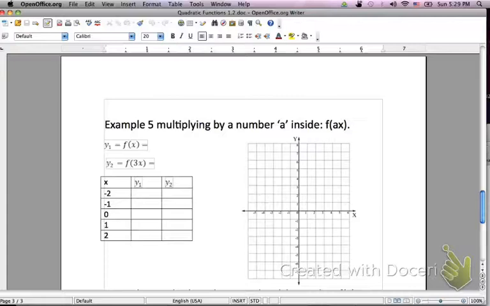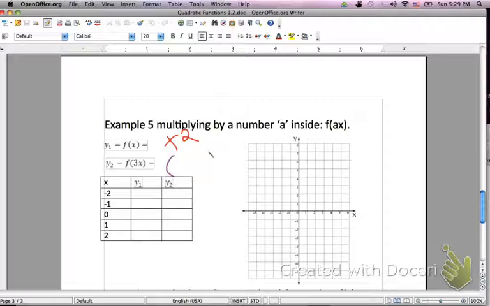Okay, so for example 5 and 6, we'll look at multiplying by a constant other than 1. So any number larger or smaller than 1. So f of x, let's just keep it simple this time. Let's do x squared. And then for 3x, notice I'm multiplying the x times 3.